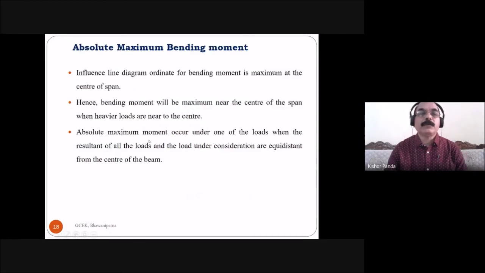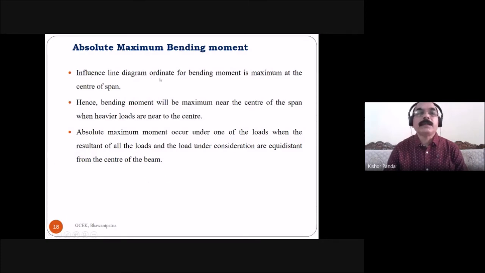The absolute maximum bending moment occurs under one of the loads when the resultant of all the loads and the load under consideration are equidistant from the center of the beam. Already I have explained. So in this situation, you will get the absolute maximum moment.